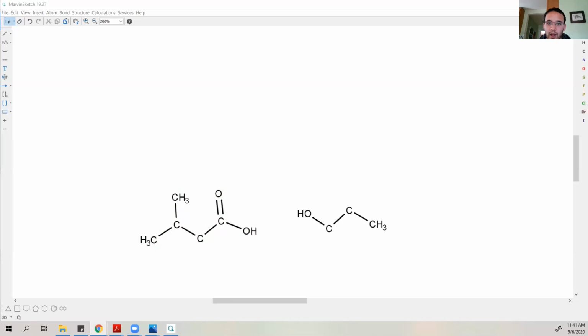What functional groups do we have there? So butane, the 4-carbon chain, that is different, but that's not the unique functional group for this one.